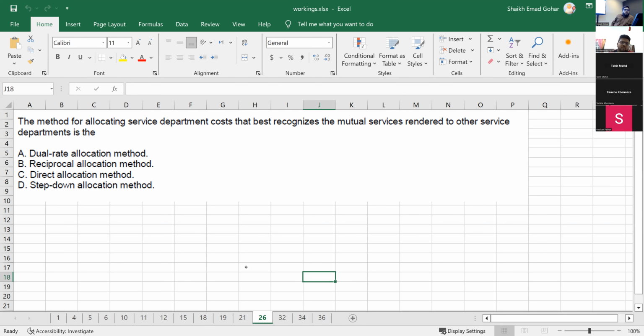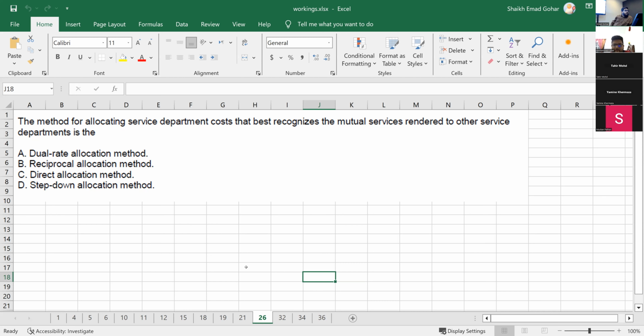The method for, remember, service allocation? We did different methods like direct method, step down method, reciprocal method. We studied these three main methods. Remember we did some questions with S1, S2, P1, P2 and the relationships like that. Right? So what is direct method? When you directly allocate the cost from service department to production department.